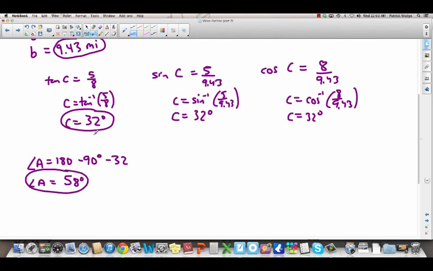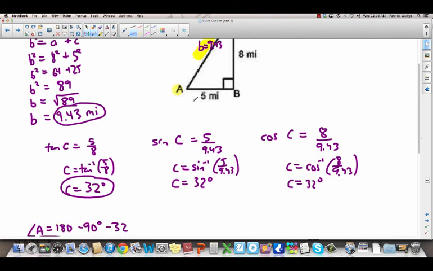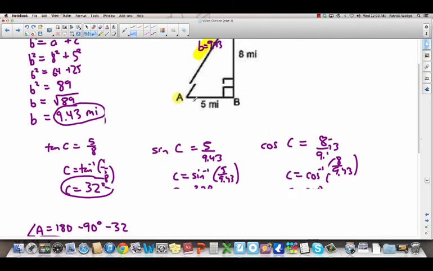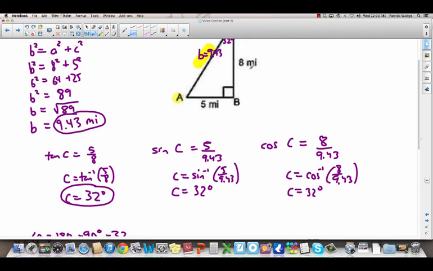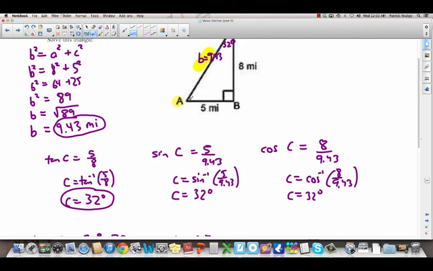Let's just test that. Remember I said that before we got angle C, we could have found angle A? How could we have done that? Let's find angle A. And again, with angle A, you could do it any way you wanted, sine, cosine, or tan. Let's do tan. Of course it will still work, but I just want to prove it to you. Tan A. Tan is opposite over adjacent. What's opposite from A? Opposite is 8. Adjacent is 5.